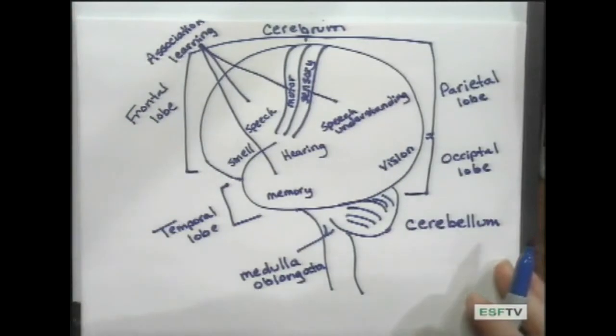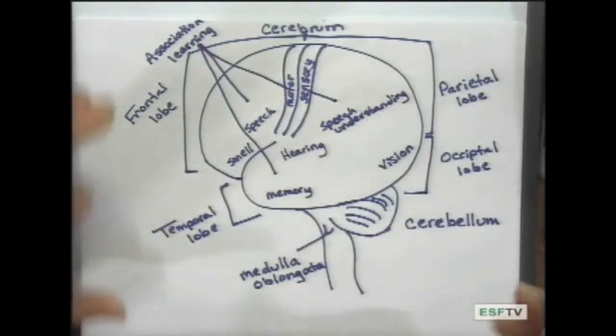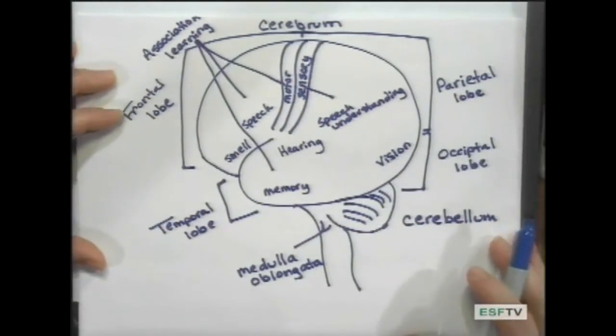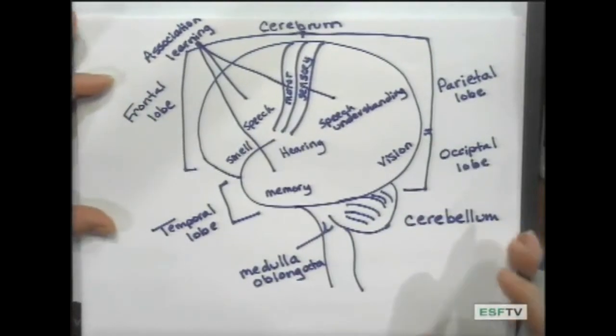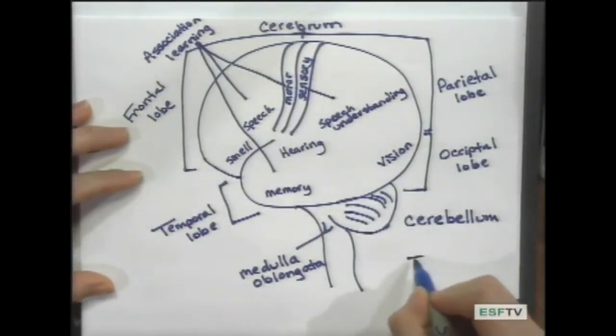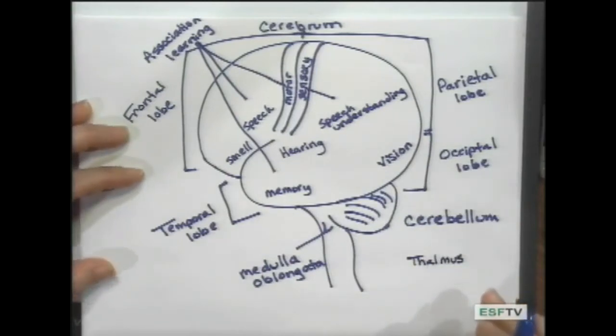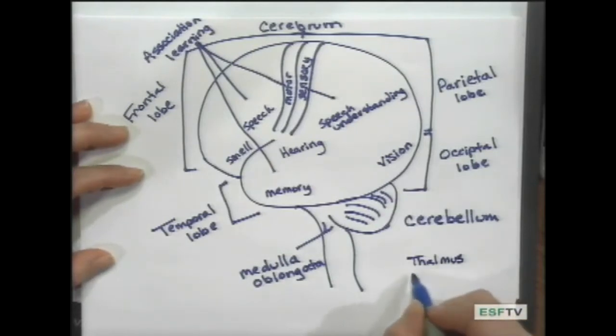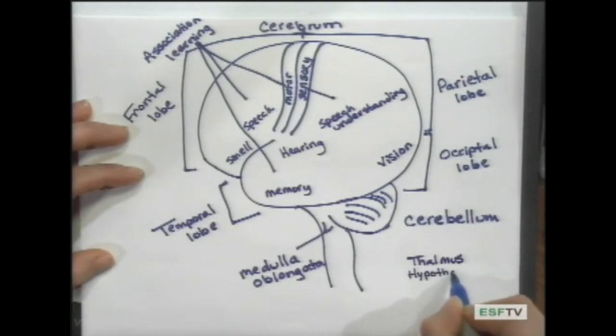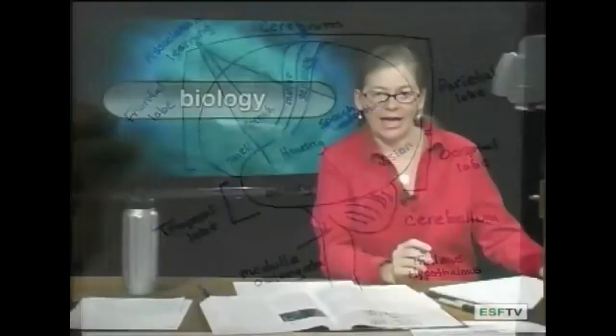This cerebrum, again, kind of overlaps and encompasses several other structures, including the thalamus, which is the primary site of sensory integration in the brain, as well as the hypothalamus, which integrates some of the visceral activities.